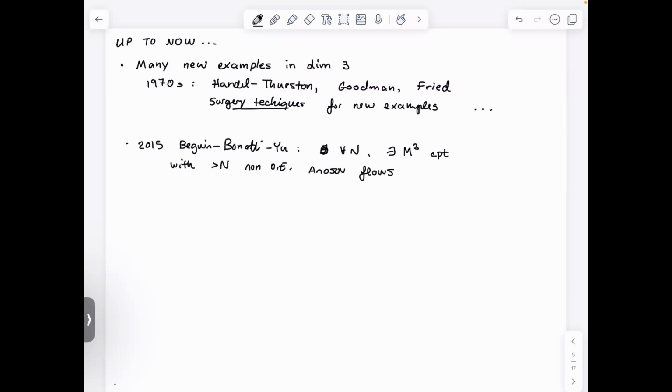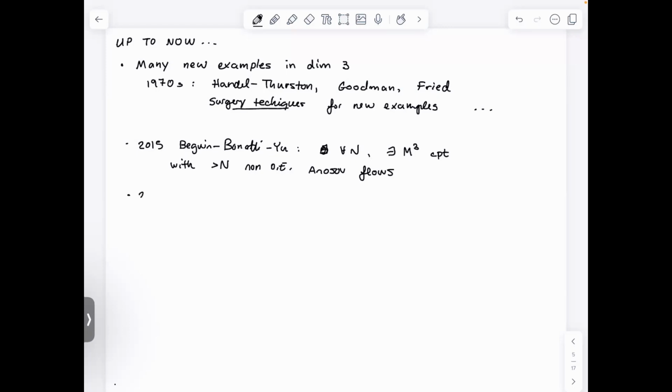So even if you fix your target manifold ahead of time, trying to come up with some invariant that classifies all the possible Anosov flows on that one three-manifold up to orbit equivalence is already an interesting problem. Their construction used surgeries along tori transverse to the flow. So you might ask if you can do this in atoroidal manifolds.